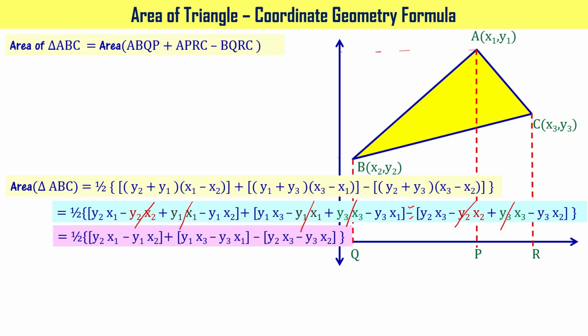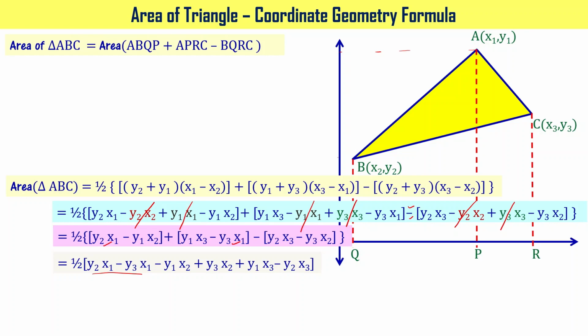Let me rearrange this so that I write all the terms having x1 in one place, all the terms having x2 in another place, and all the terms having x3 in the last. When I do that, you see y2 x1 and minus y3 x1 are here. Similarly, I have written the x2 terms and x3 terms also, right?